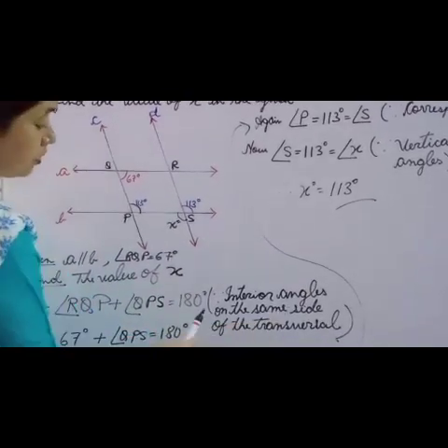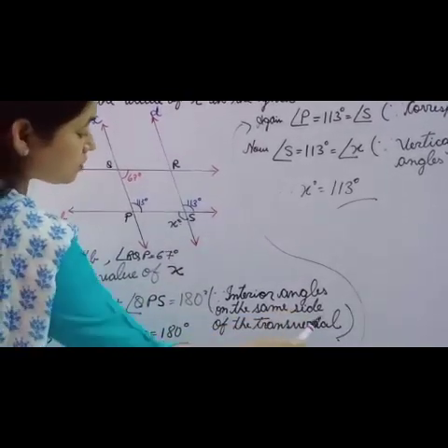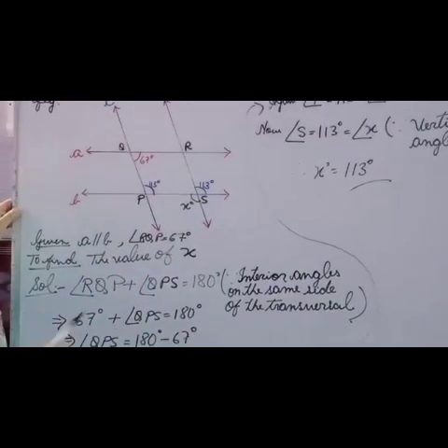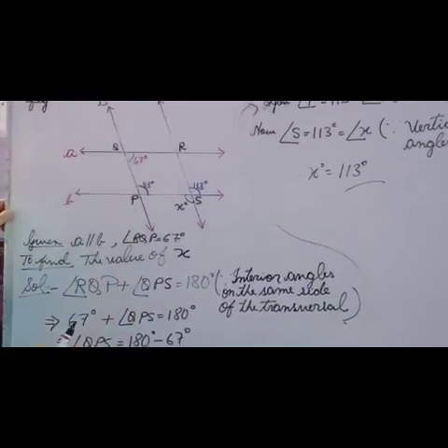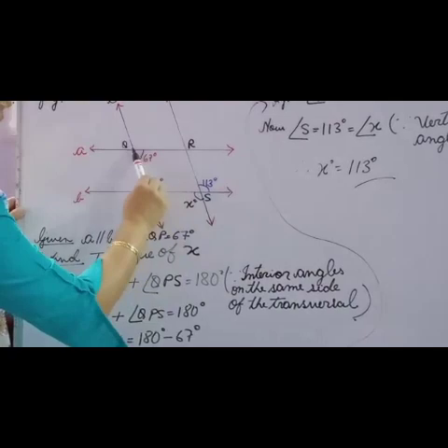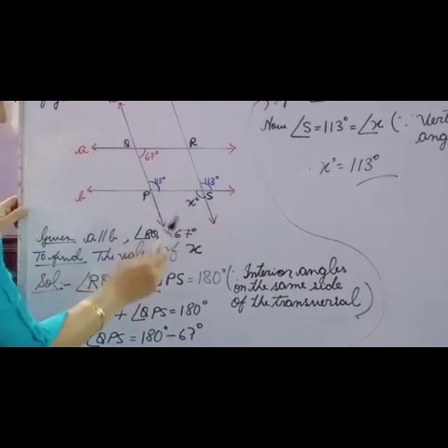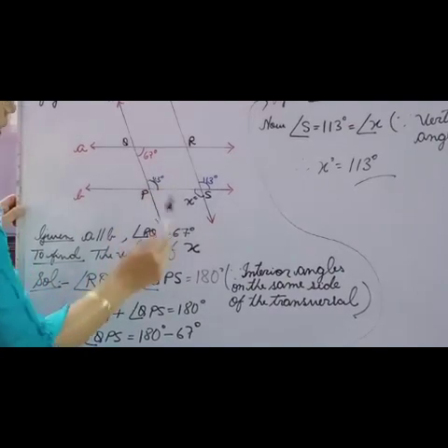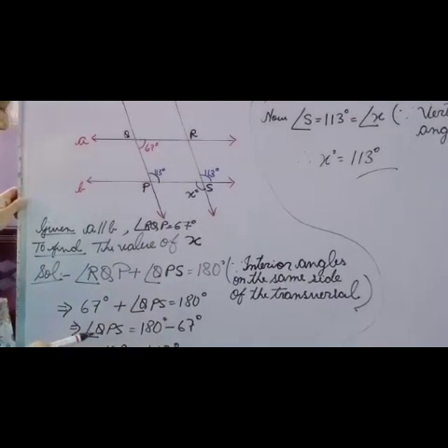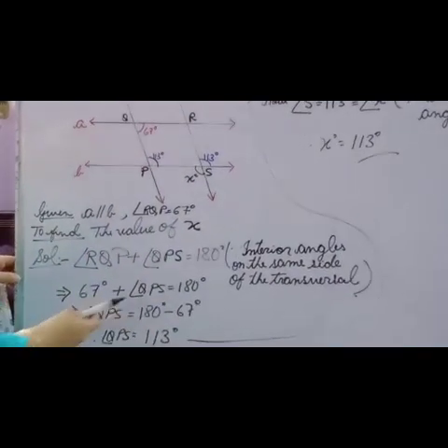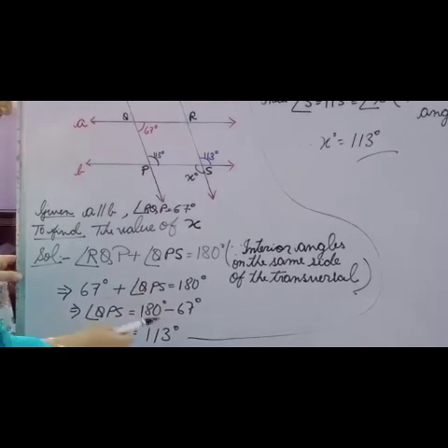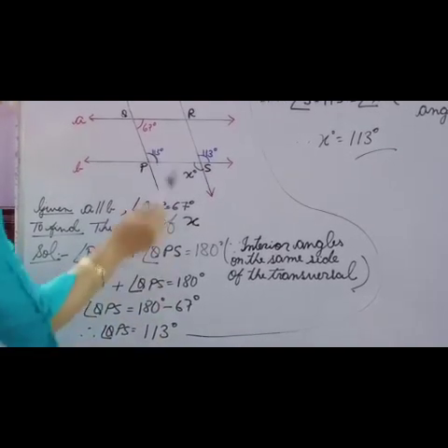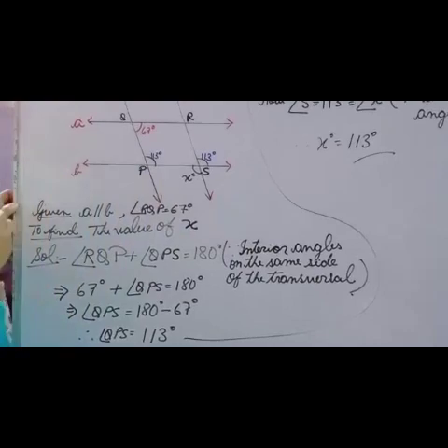And what is the reason? Since interior angles on the same side of the transversal. Now this angle is already given here, plus angle QPS. So if this is given, we can find this with the help of this property. So angle QPS is equal to 180 degrees minus the given angle, and you will get 113 degrees.